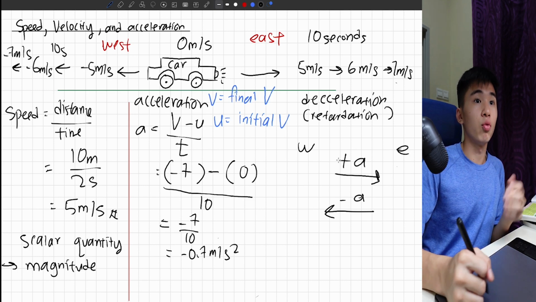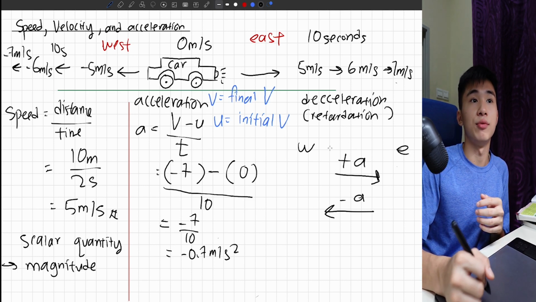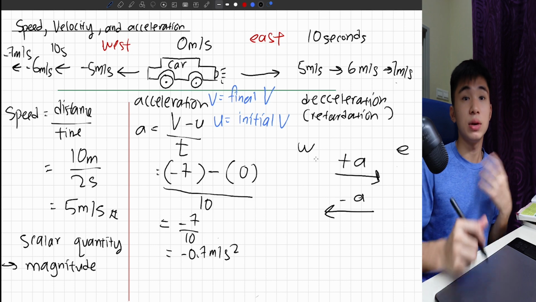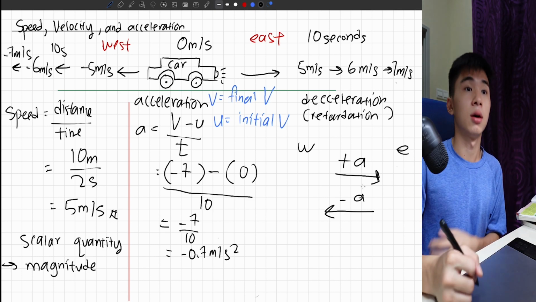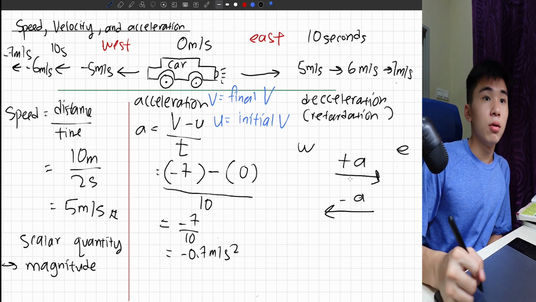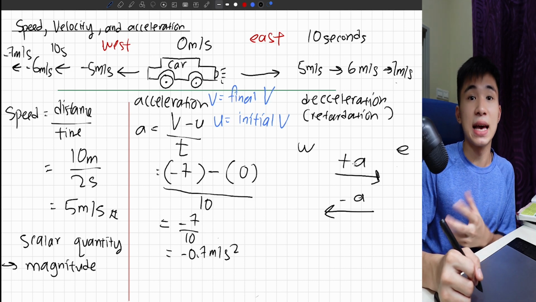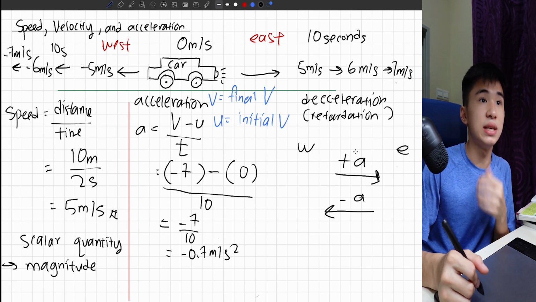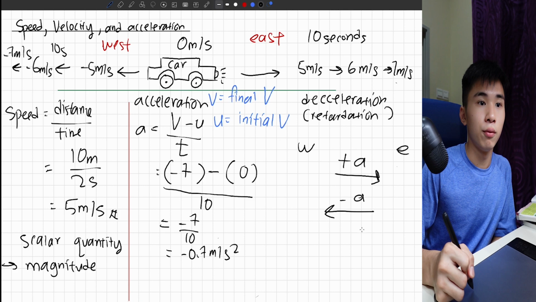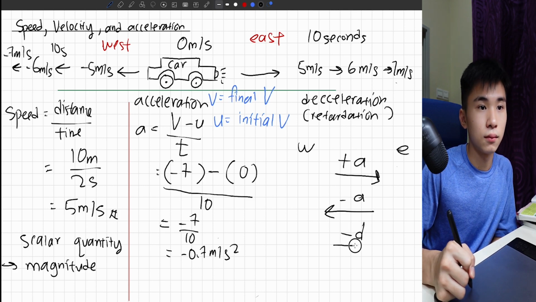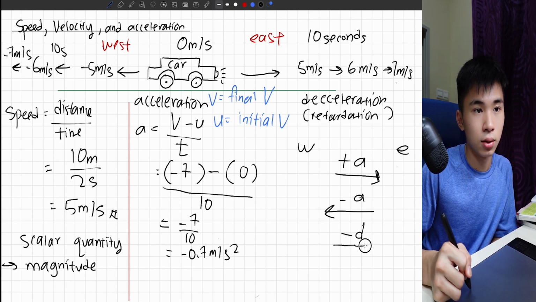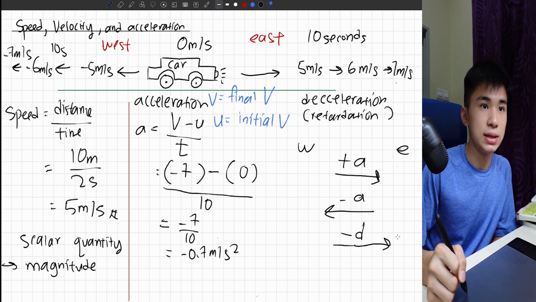Okay, so what happens if we change this to deceleration? It is the opposite, right? Right now this is our plus acceleration. If we talk about deceleration, we'll put a negative d like this, to our east.